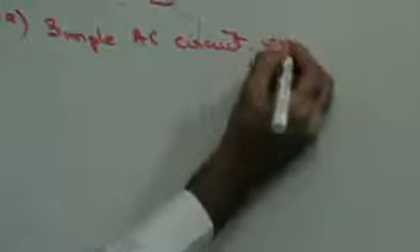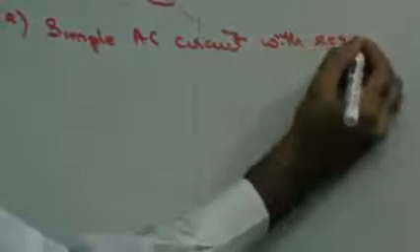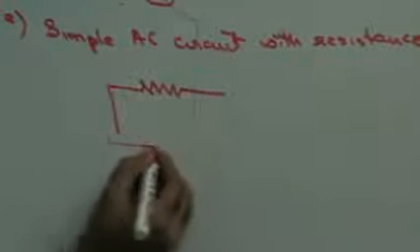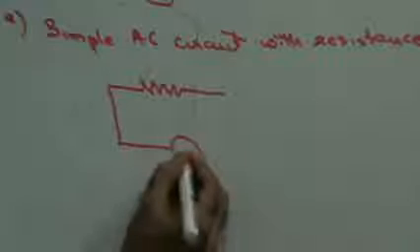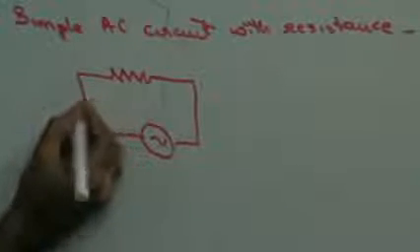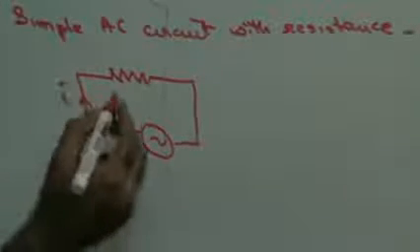Let's consider a simple AC circuit with resistance. Let's assume this is the current that is flowing through the coil.